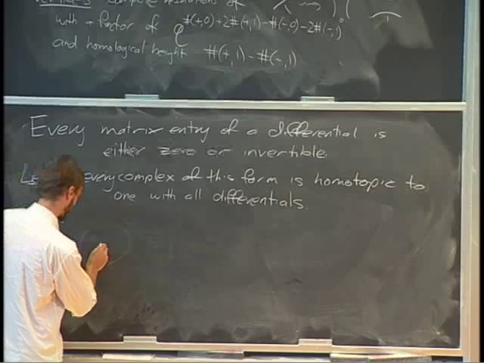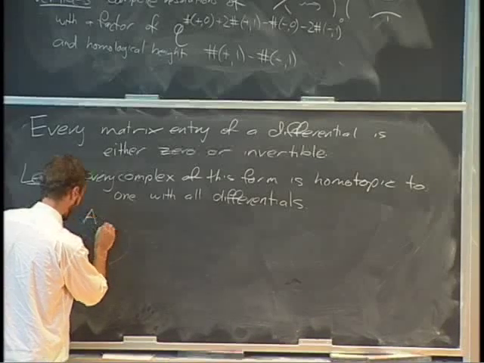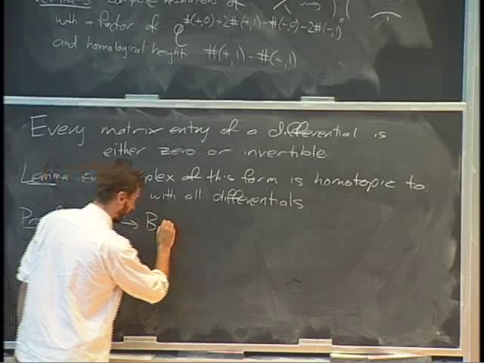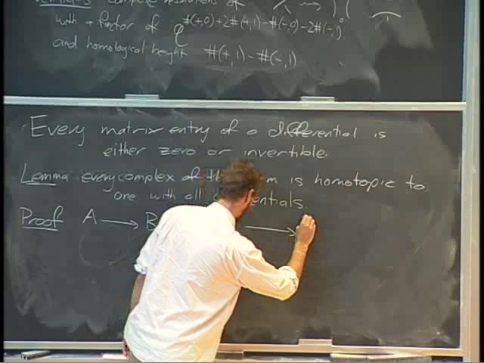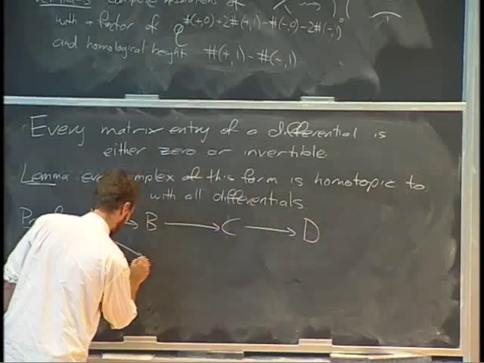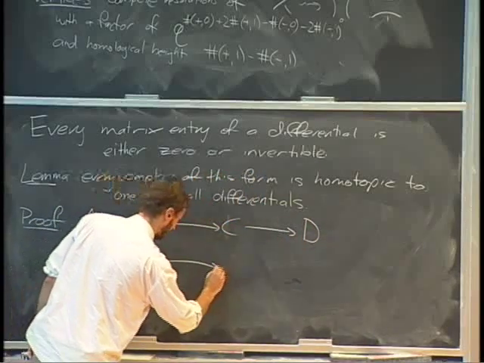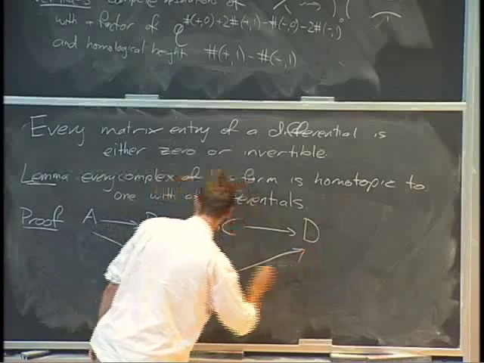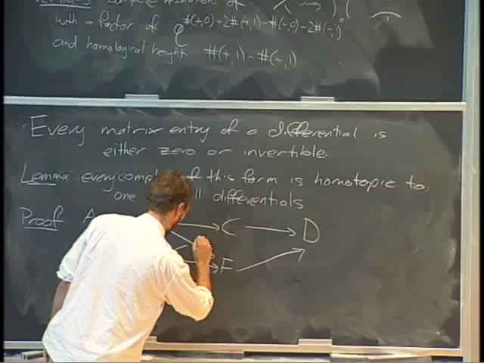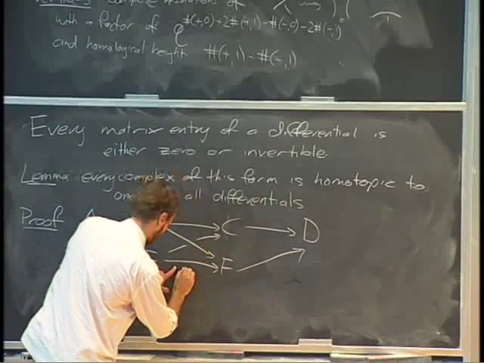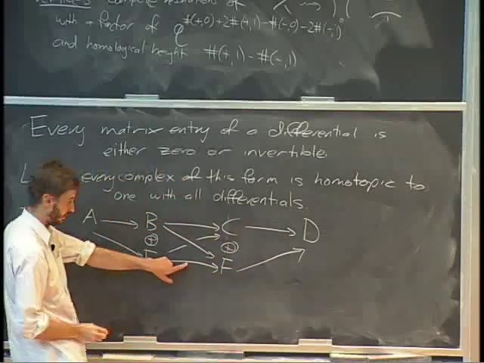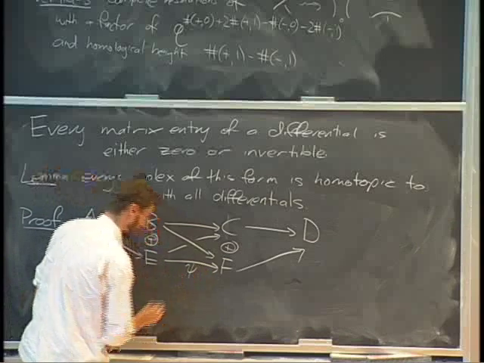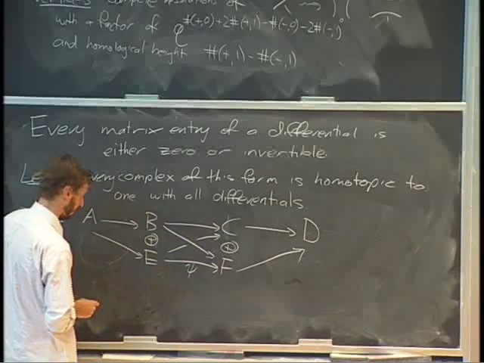Okay, so let me just show you this. Say I have some complex of the following form, where, oh sorry, these are direct sums, where some matrix entry of some differential is invertible. Call it phi for invertible.